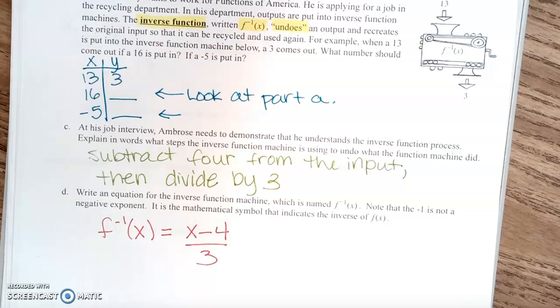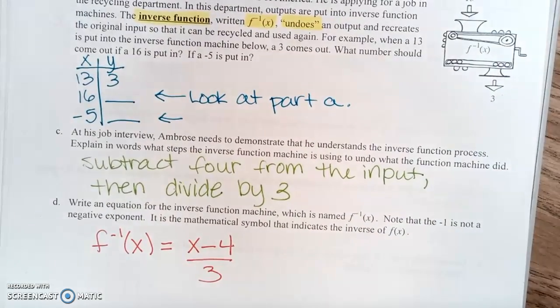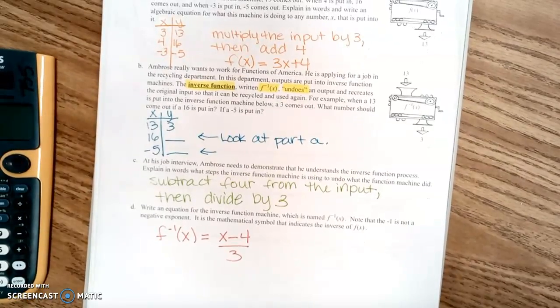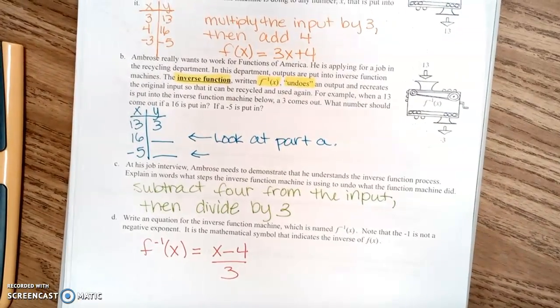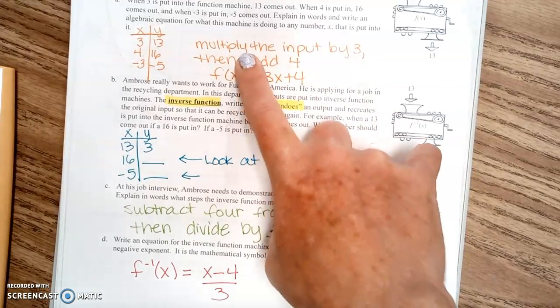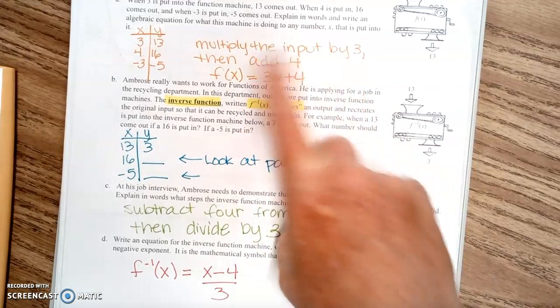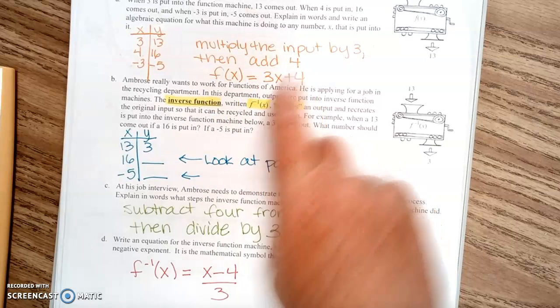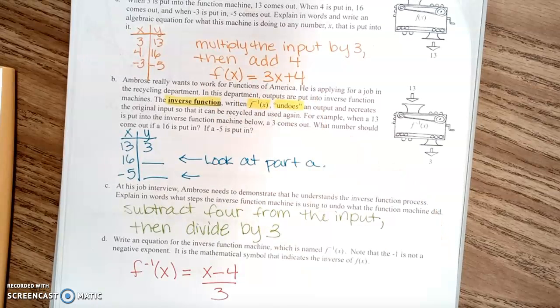So if we look back up at part A, the steps that we took were to multiply the input by 3 and then add 4. So we're actually going to go in the reverse direction and do the inverse operation.